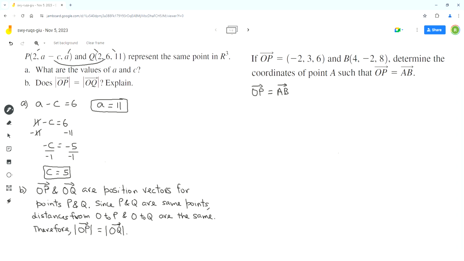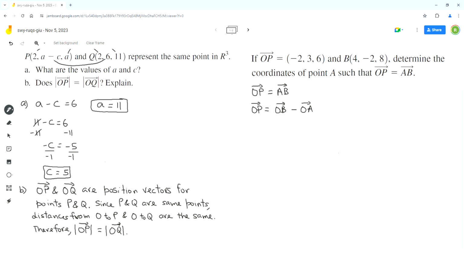Now we are given the vector OP, but we are only given the point B. We are not given the vector AB and we have to find point A. So the first step is to break up vector AB into the position vectors for points A and B. So we can do that by breaking up vector AB as OB, which is the position vector for point B, minus the position vector for point A. So there's something you have to keep in mind.